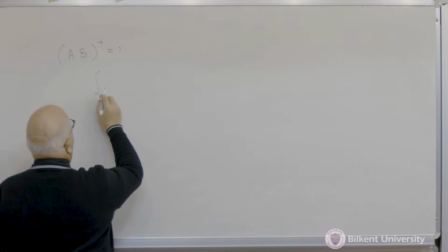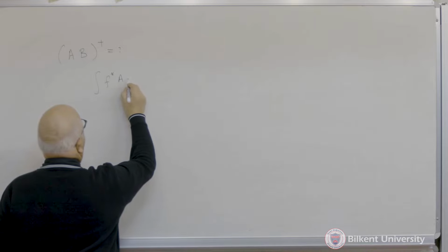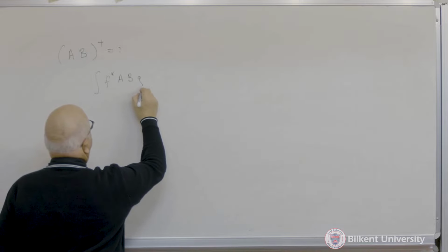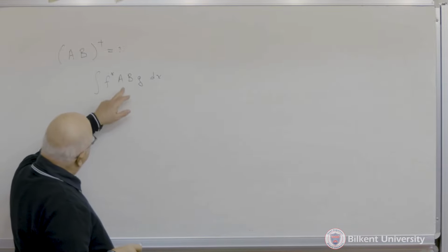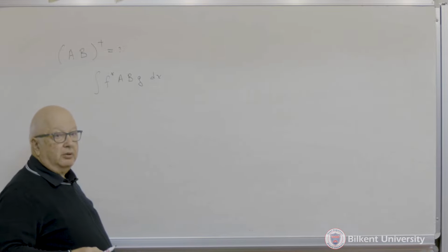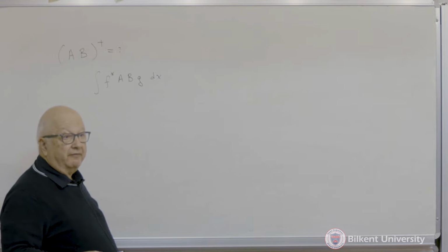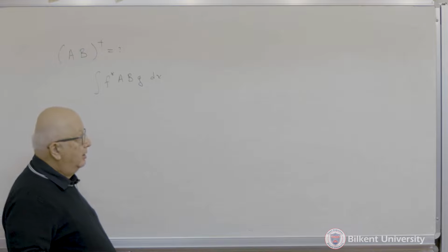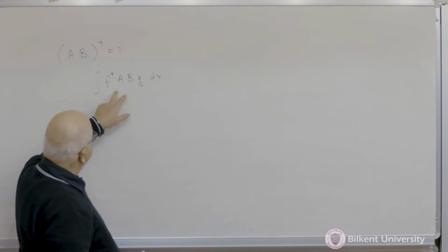So what I have is the integral of F star A B G dx. Now I want to move these operators one by one to operate on F, towards the left, so that I obtain my relationship.